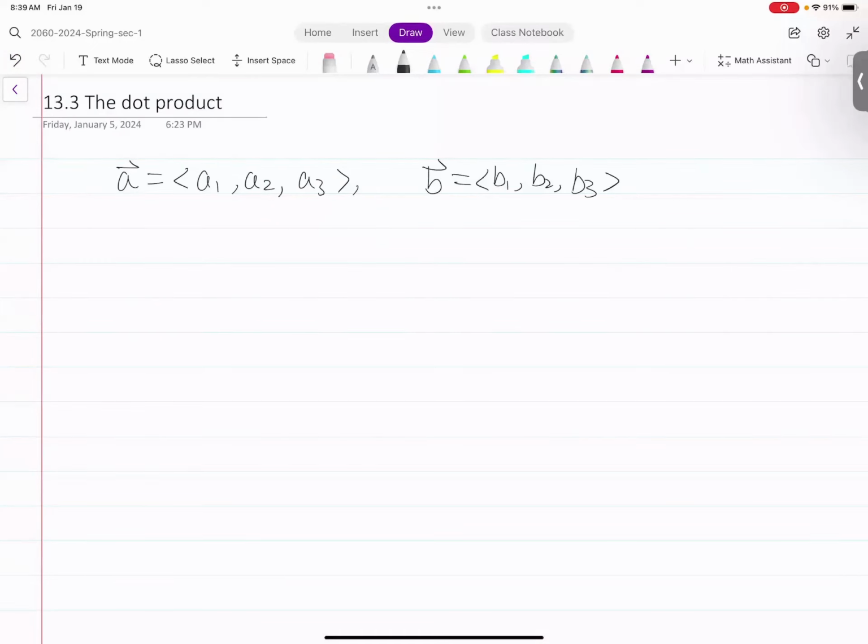We want to define an operation that calculates the inner product, the dot product between vectors A and B. The dot product is just the components multiplied, and you take the sum. So we have A1 B1 plus A2 B2 plus A3 B3.